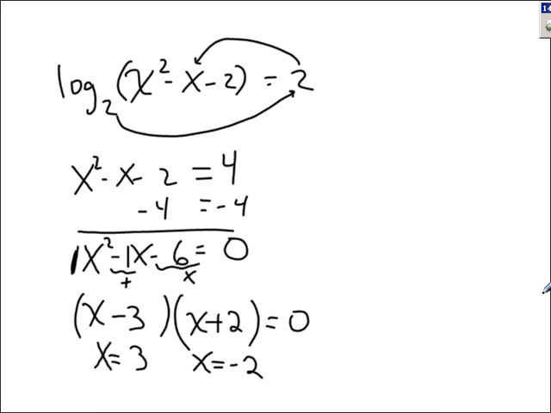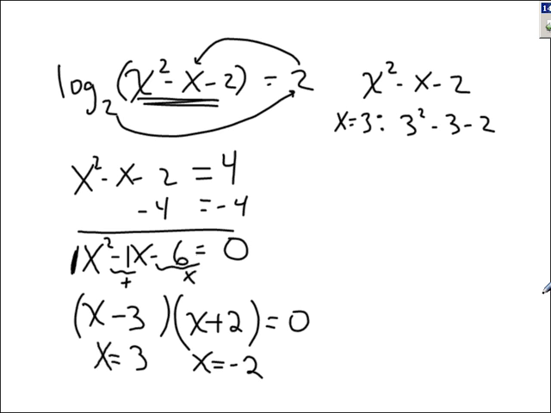But we need to check that neither value makes what you're taking the log of equal to 0 or negative. We're taking the log of x squared minus x minus 2. If x is 3, we get 3 squared minus 3 minus 2, which is 9 minus 3 minus 2, which is 6 minus 2, which is 4, which is greater than 0.